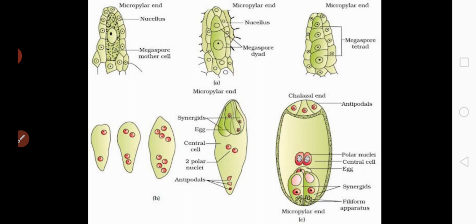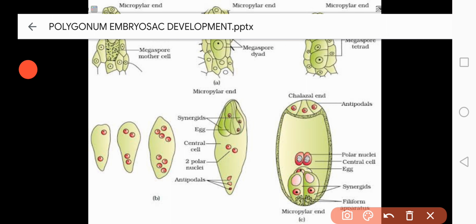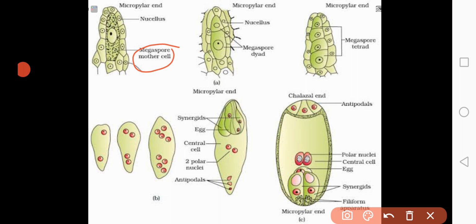So this is the picture of the process of megasporogenesis and the formation of the female gametophyte. Here you can observe the process. This is a single megaspore mother cell which divides to form 4 megaspores. Of these 4 megaspores, only 1 becomes functional, and the nucleus of that functional megaspore divides repeatedly to form 2 nuclei, 4 nuclei and later 8 nuclei.